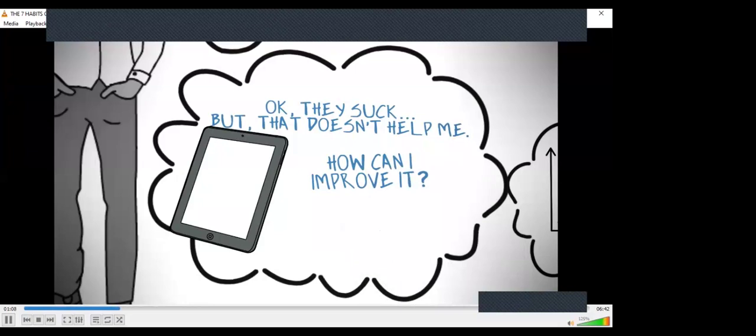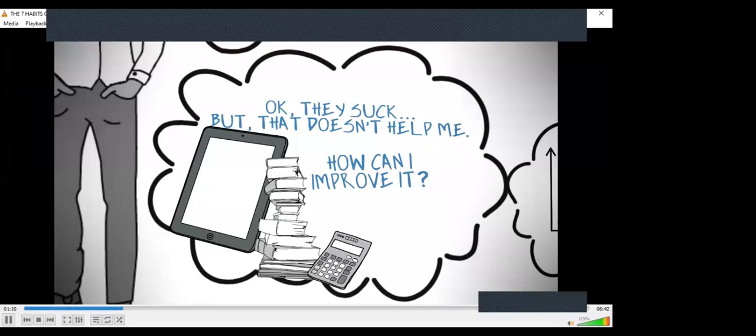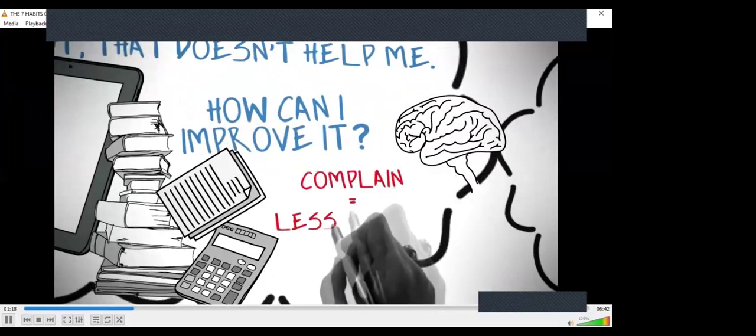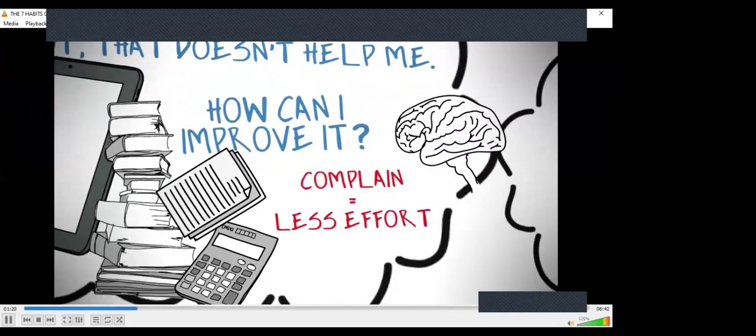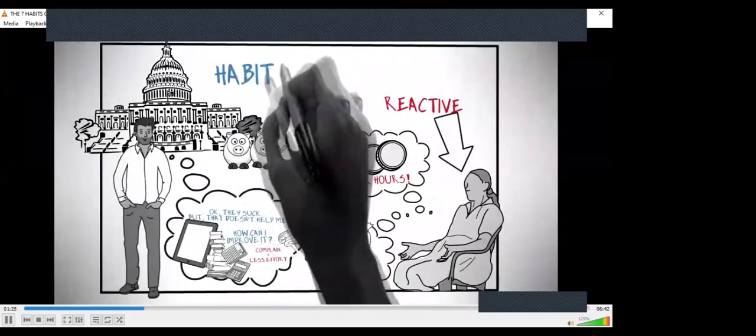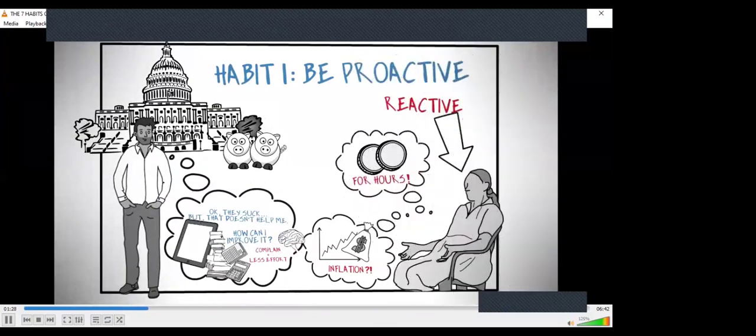Do you realize how much responsibility, how much dedication, how much hard work comes along with asking that question? And what do you think our effort minimizing brain is going to pick as default? And that is exactly why most people focus on the things that they cannot control rather than focusing on the things that they can. Habit number 1 is be proactive.